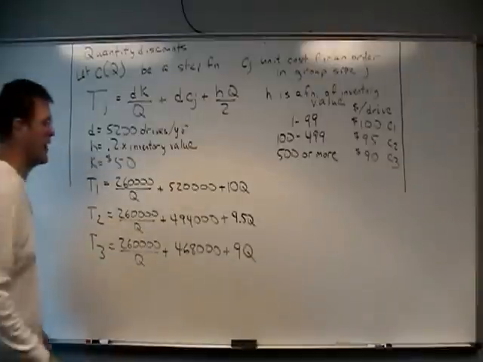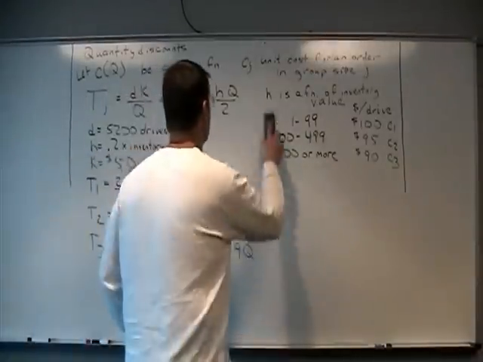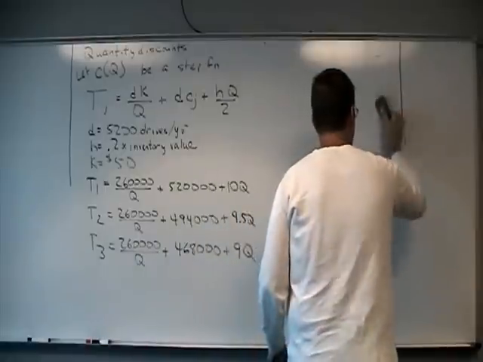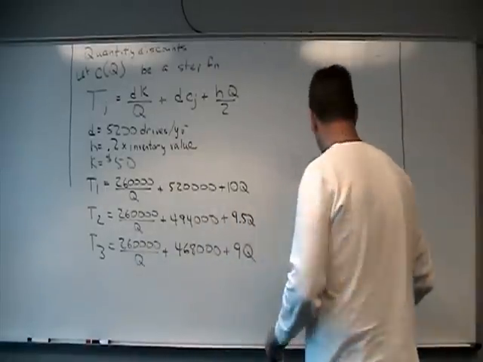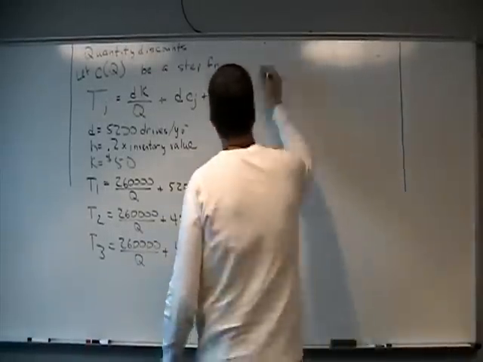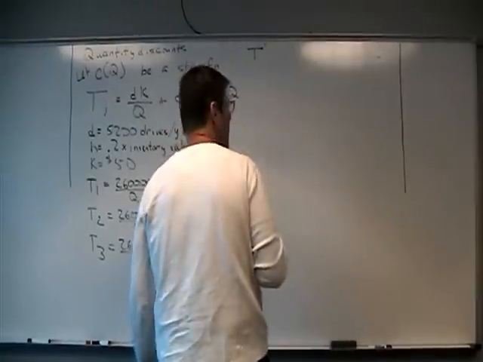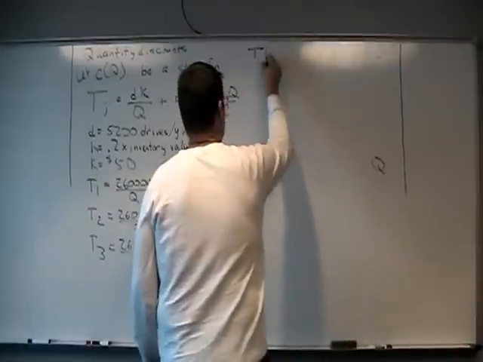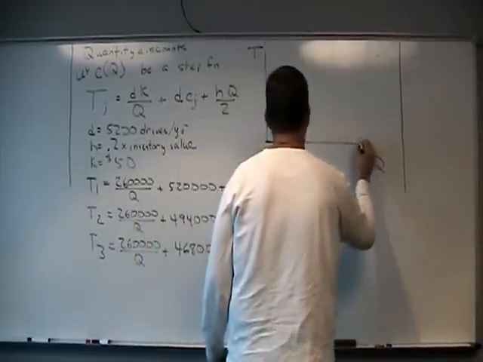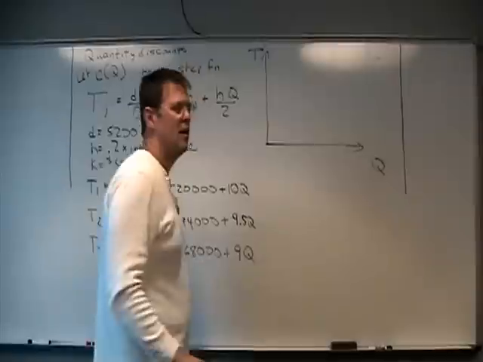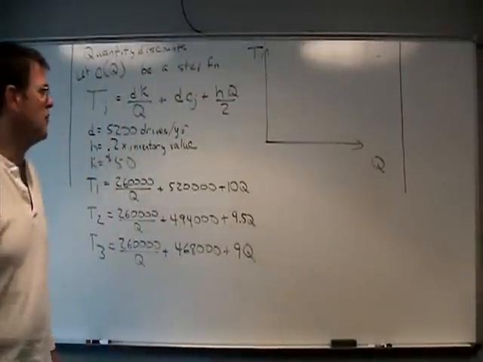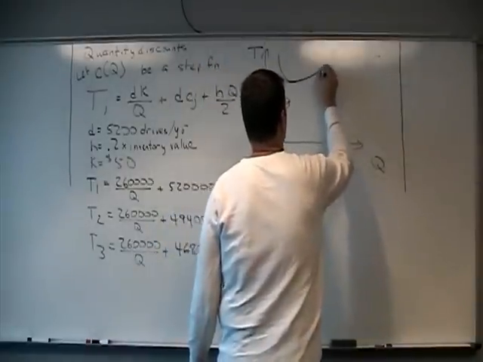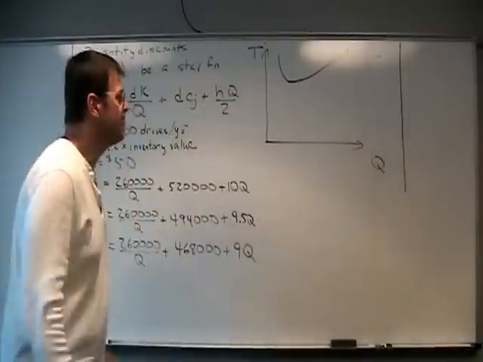The thing that you have to recognize with these functions visually, essentially, if this is T up here and this is Q down here, is the shape of each of these functions, if you were to graph them, looks a little bit like that.